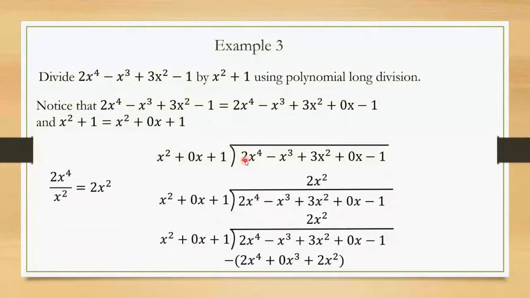So for instance, 2 times x to the 4, you're going to divide that by the leading term of the divisor, which is x squared. Doing so, you're going to have 2x squared: 2 over 1, x to the 4th over x squared.